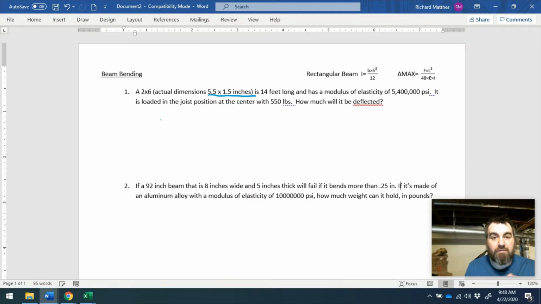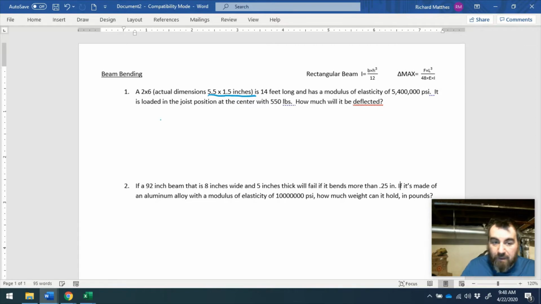That's what they're cut before they are dried, and so they get smaller as you take out water, and they end up at 1.5 by 3.5, or for a 2x6, 5.5 by 1.5. So that's what I mean. You don't really need to know it. I'll always put the actual dimensions in there for you.